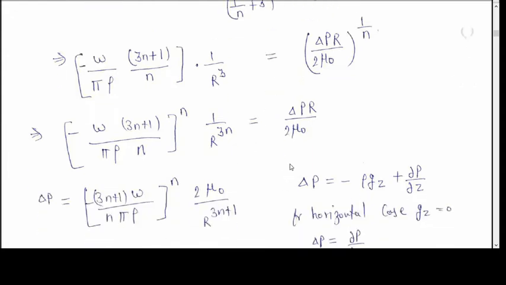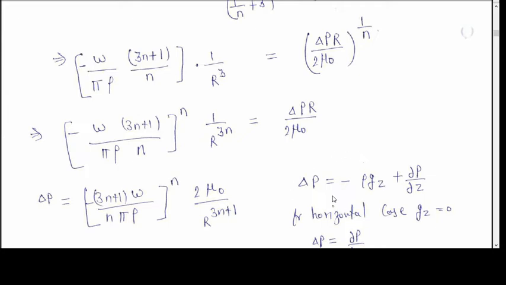So this is the expression, and we can rewrite it in terms of delta P. For delta P the expression would become: minus (3n plus 1) multiplied by W divided by (n by rho), to the power n, and here 2 mu naught divided by R to the power (3n plus 1).